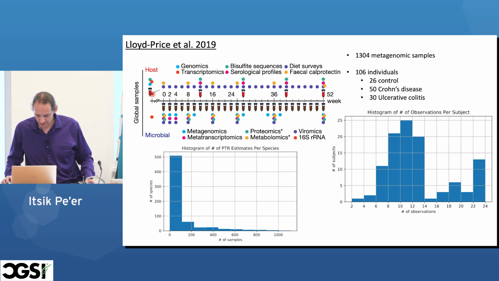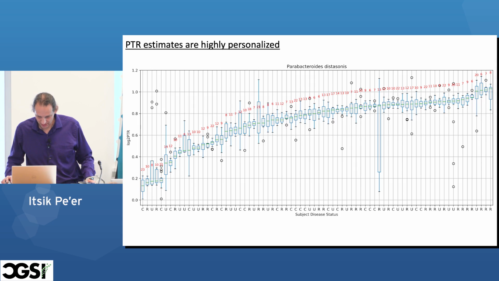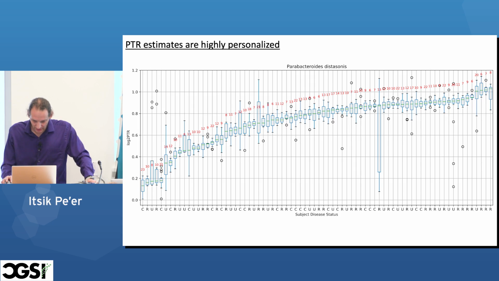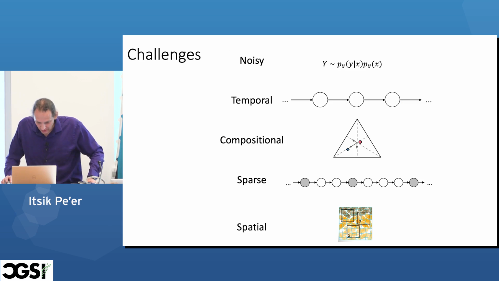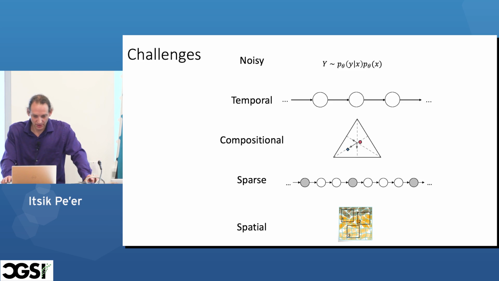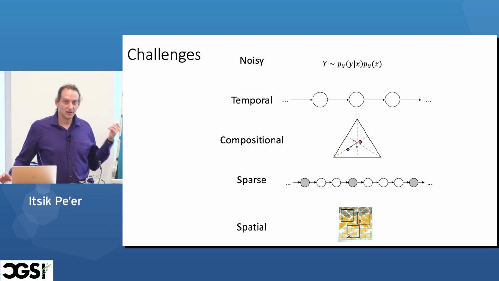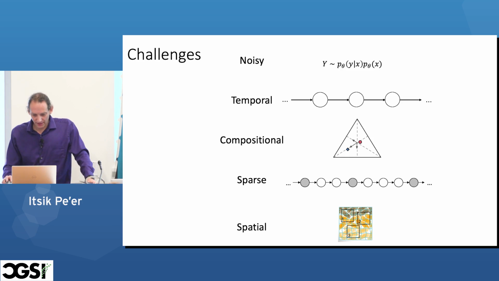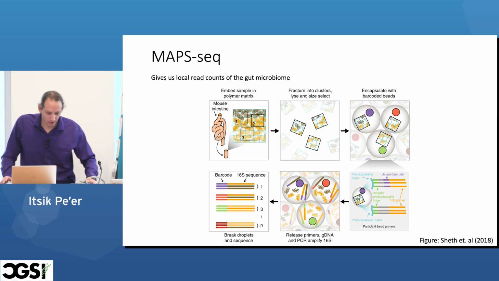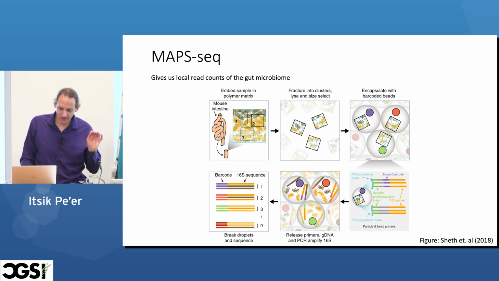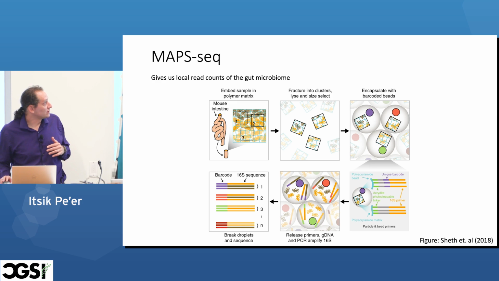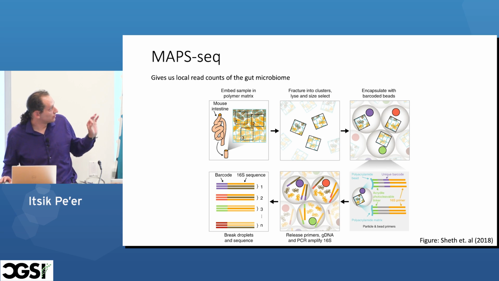Let me skip the example across one data set because I want to just mention the geography of gut microbiota. This leans on work from Harris Wang's lab at Columbia, who was able to develop this nice assay, MapSeq, that essentially shreds the mouse gut into small bits.